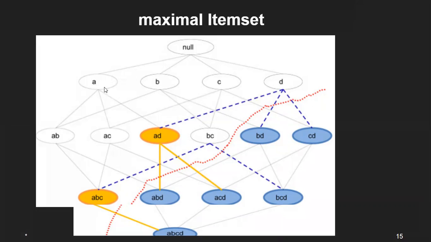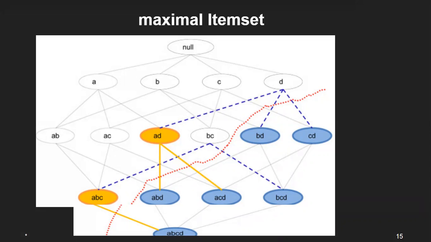The infrequent item sets are those that are not highlighted, and those highlighted in blue and yellow are the frequent item sets. So we have to identify all of its immediate supersets. Next, if none of the immediate supersets are frequent, the item set is a maximal frequent item set. We'll focus on this example so that you can understand it properly.